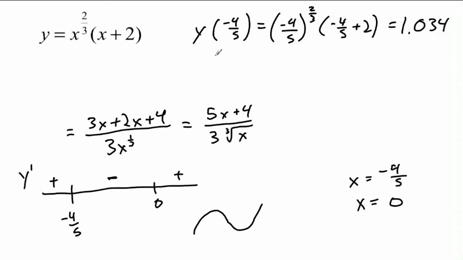And then while we're here, I might as well plug in 0 to see where my min is going to be. If I plug that in, I get a 0 here, and then 0 times anything is just 0.